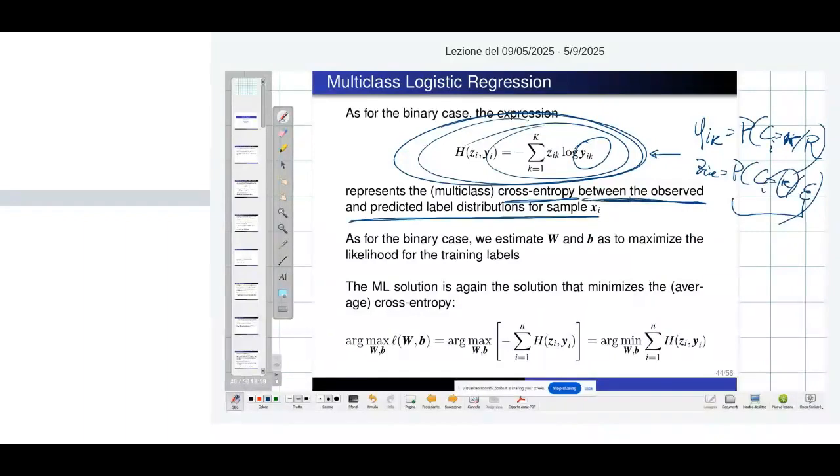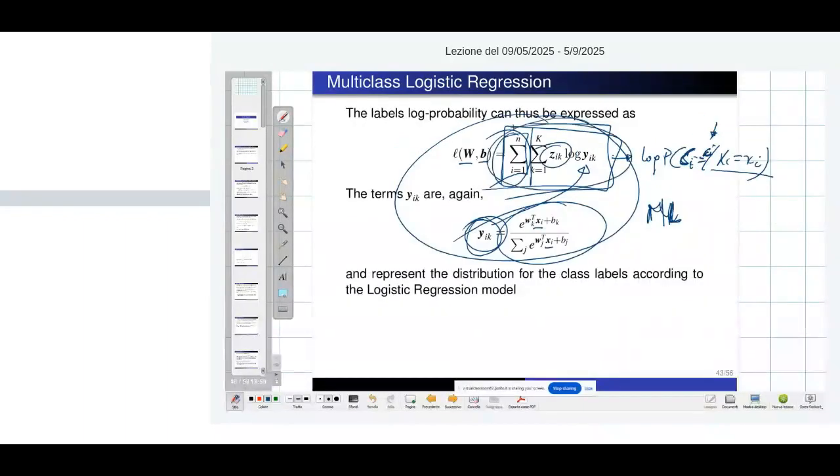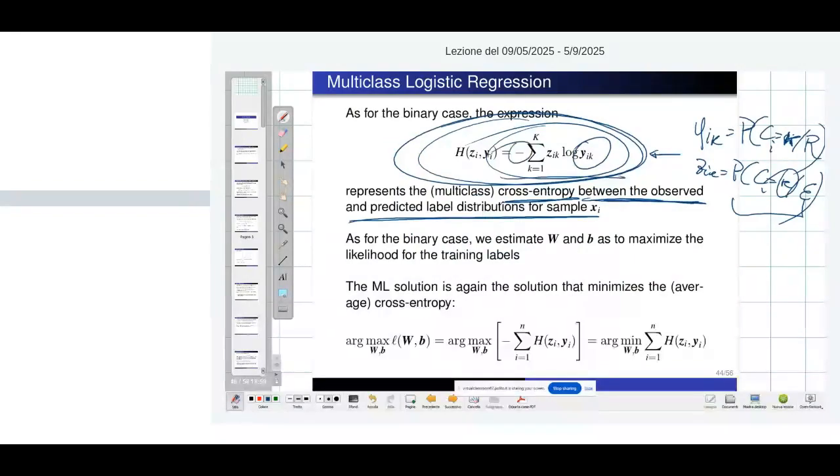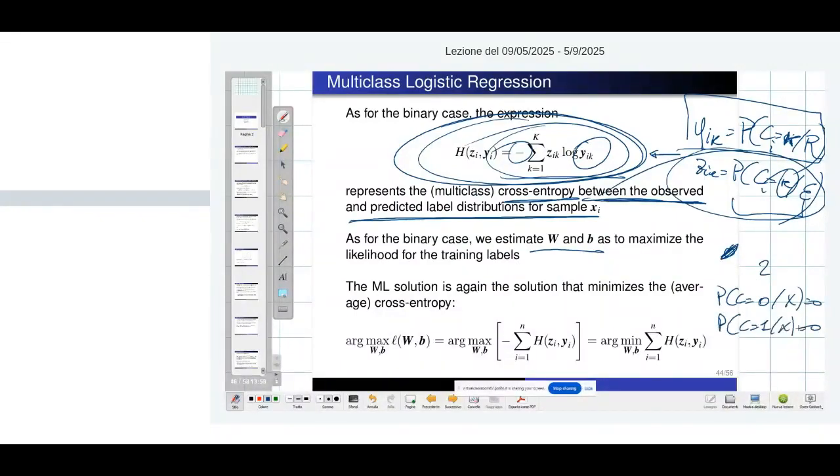So again, maximizing the log likelihood corresponds to minimizing, we have a minus here, the cross entropy, which means that we can estimate the model in a way that tries to match the probabilities as computed by the recognizer to those that somebody would give when he knows the correct label. If I know that the correct label for my sample is 0, no, sorry, it's 2, then I will say the probability that the class is 0 is 0, the probability the class is 1 is 0, and the probability the class is 2 is 1.